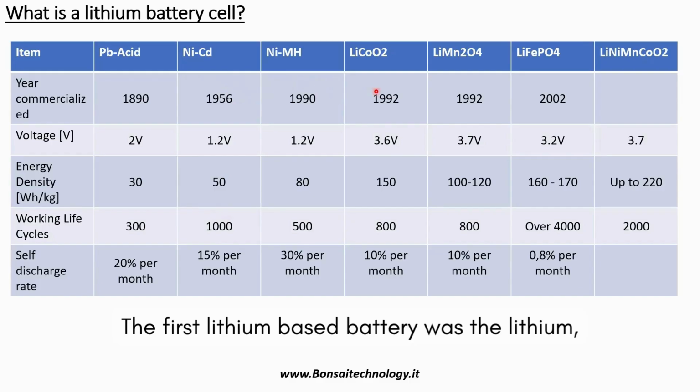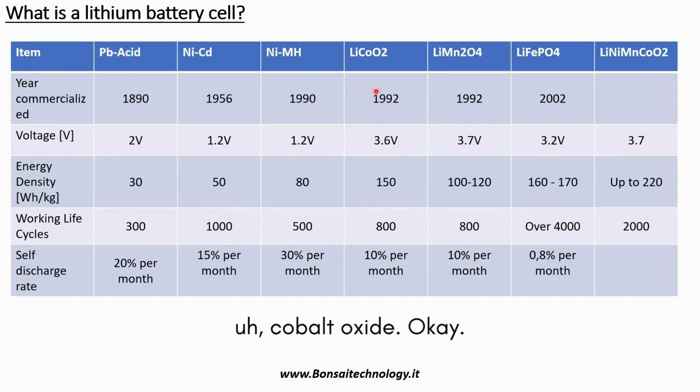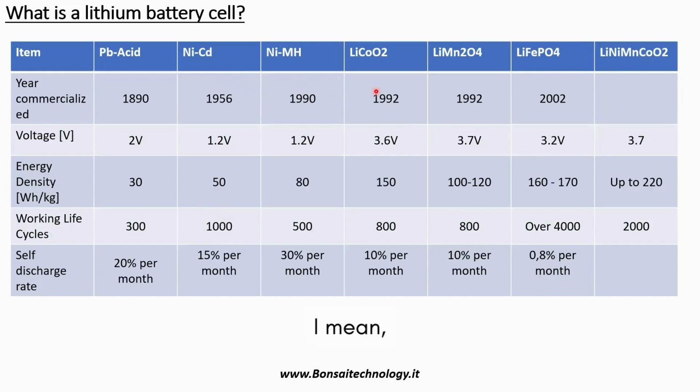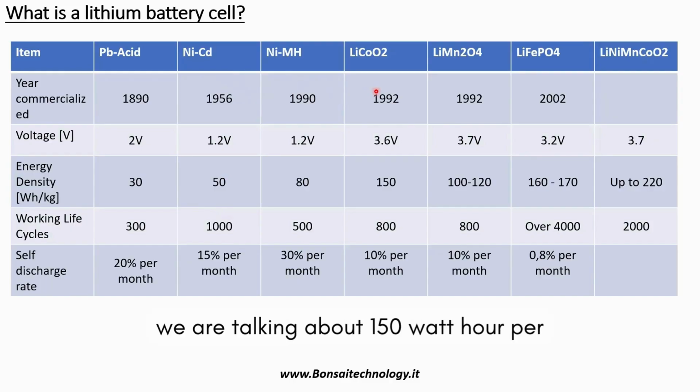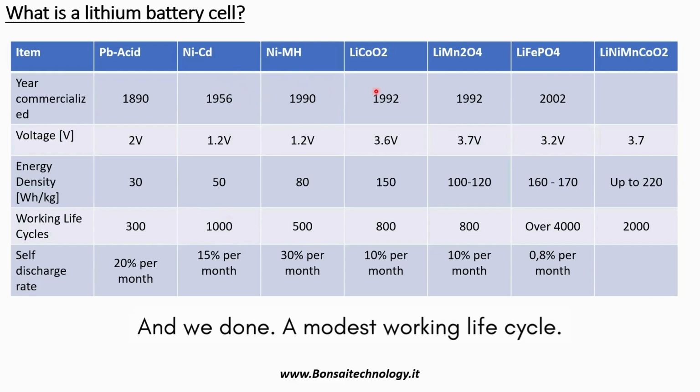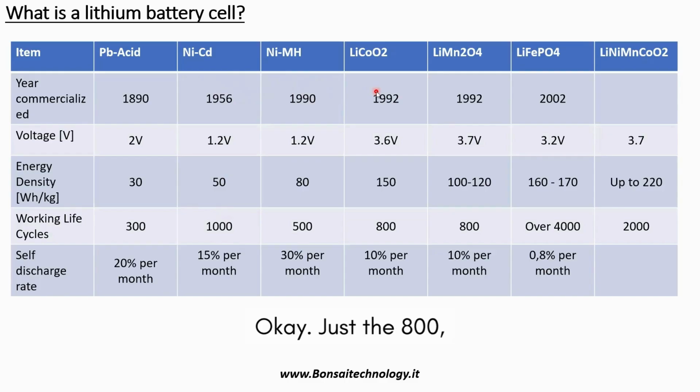The first lithium-based battery was lithium cobalt oxide, commercialized starting from 1992, where the energy density was quite good, about 150 watt-hours per kilogram, with a modest working life of just 800 cycles.